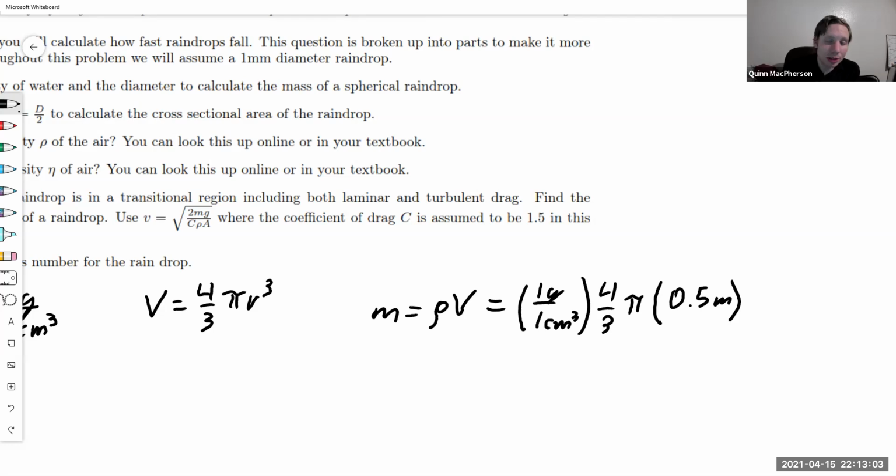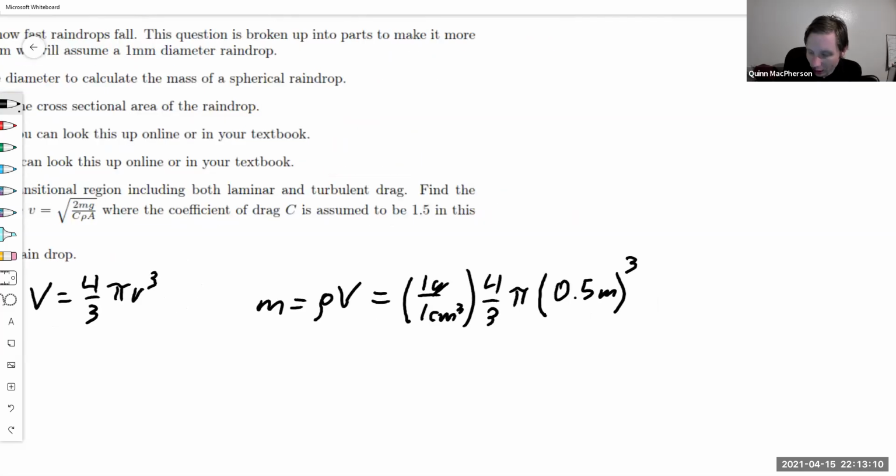The diameter is 1 millimeter, so the radius is 0.5 millimeters, cubed. We need to throw a conversion factor on there: there's 1 centimeter per 10 millimeters, and we're going to have to cube that so that we can cancel out our millimeters and our centimeters, and we're left with grams.